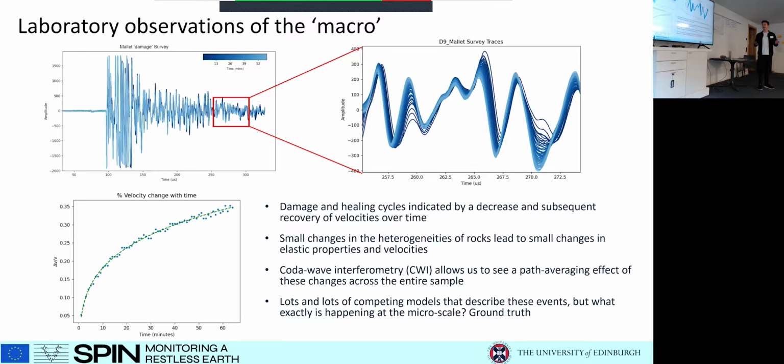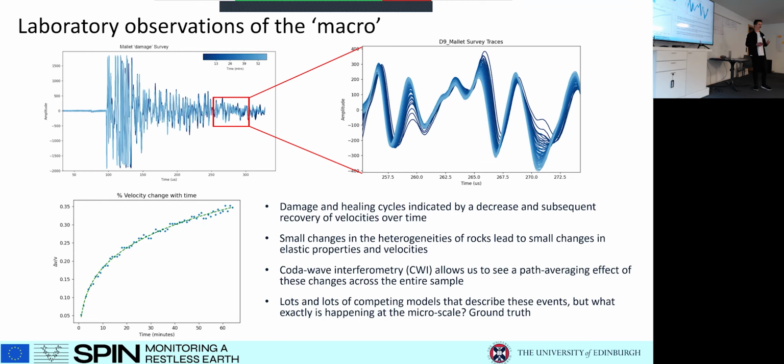And so in a very, very basic experiment, I took some rock samples and induced some seismic shocks, which is a fancy way of saying I hit it really hard with a rubber mallet and recorded some waveforms over time with some transducers. And so by looking at these damage and healing cycles, particularly we want to look at the coda wave sections because these coda waves represent wave paths, ray paths that have sampled the medium many times over.